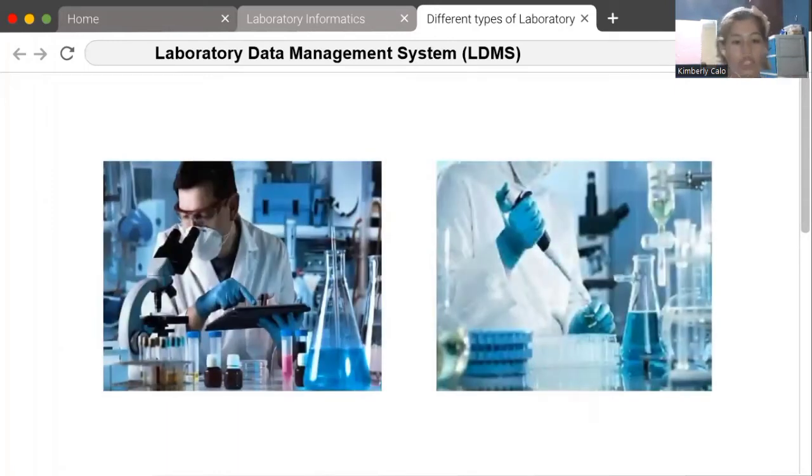So here in the image, as you can see, the researchers gather or collect data for research.